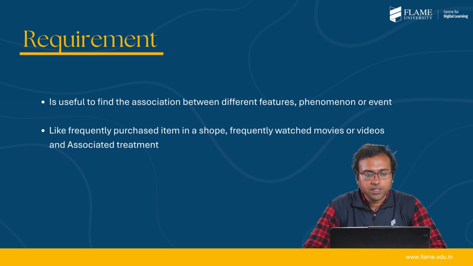Now, why do we need association rule mining? Sometimes we apply a complex machine learning model to find a trend, but due to the computation complexity, you may avoid those kinds of methods to find the association or trend within the data.